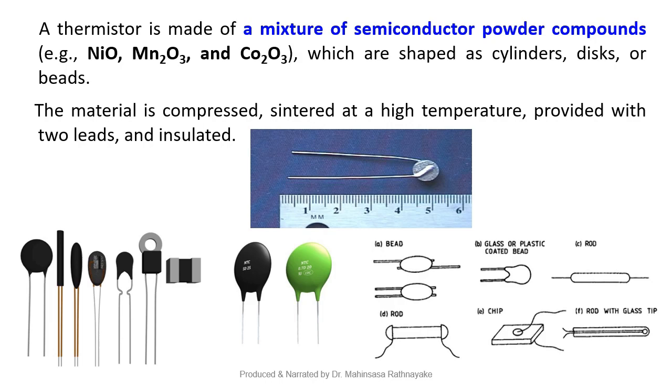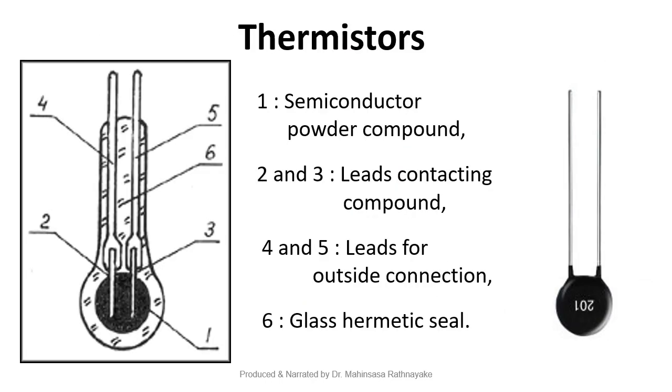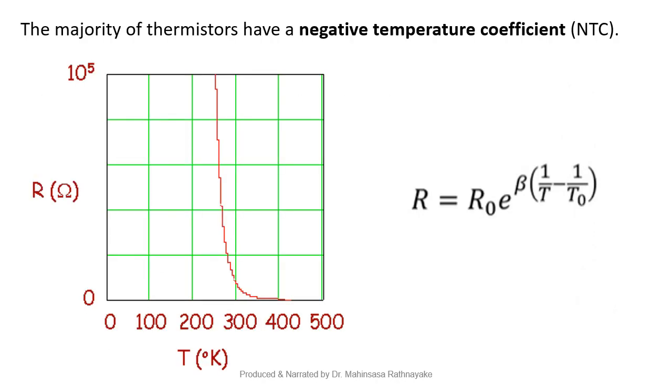Normally a bead type thermistor, the construction of this thermistor is shown in this slide. We can see the different sections of this small thermistor device. If we talk about the relationship between the resistance in the thermistor and the temperature, thermistors have a negative temperature coefficient, which is a little different from the other resistance and temperature relationships.